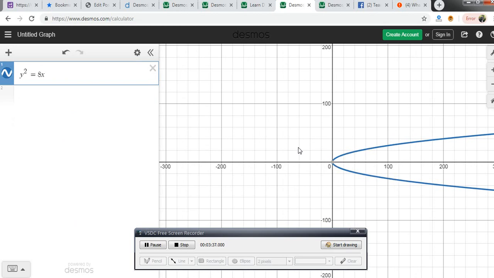Now I'm just showing you if you can take the example of a non-linear equation.